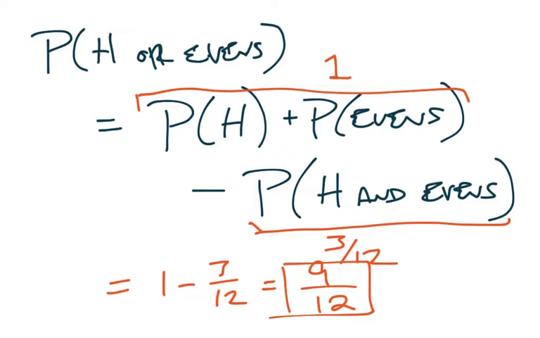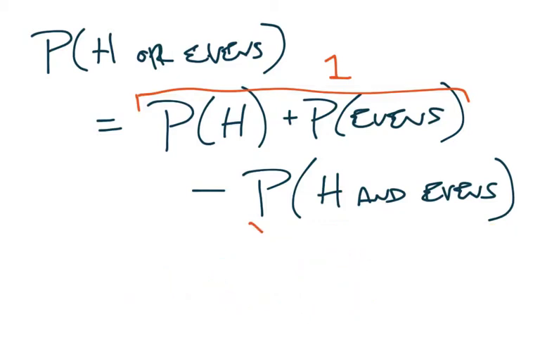All right, so this is your general fact. The probability of A or B is the probability of A plus the probability of B minus the probability of the overlap.